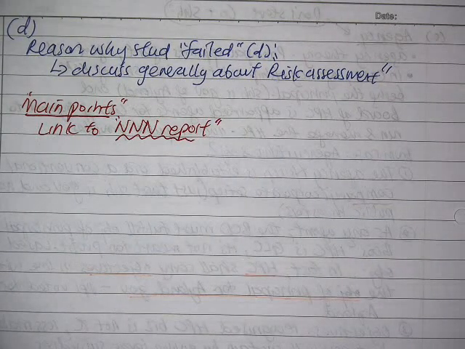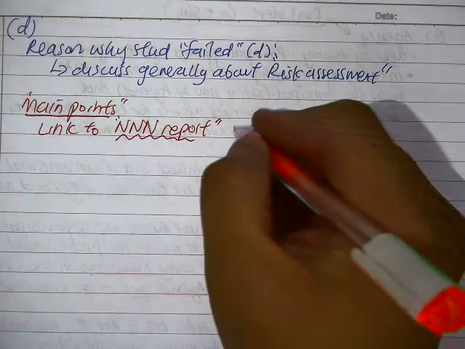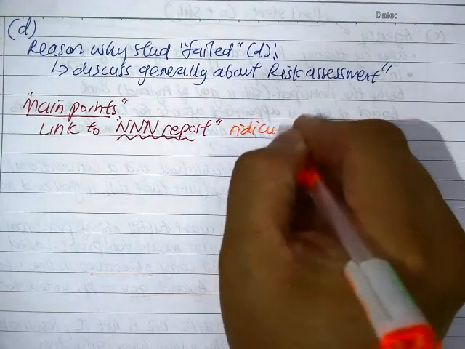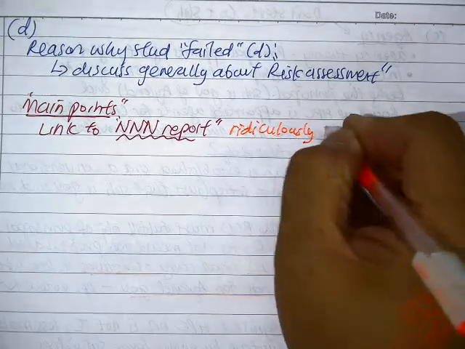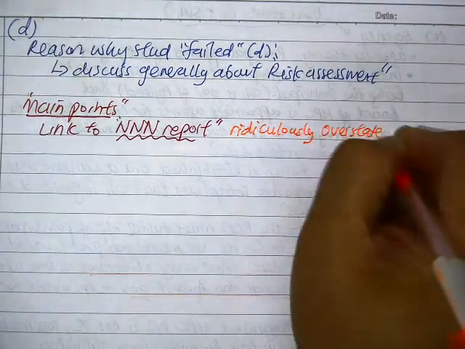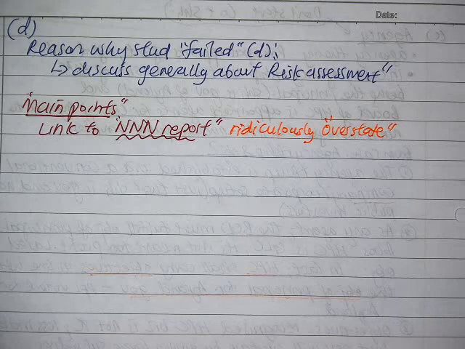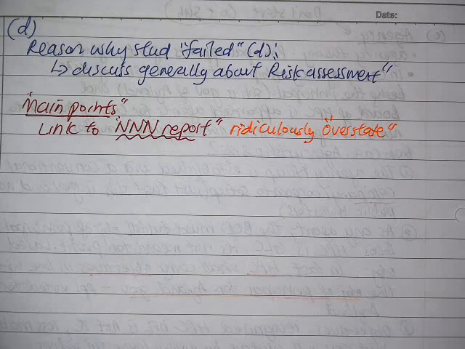Now, what is the N report? Now, N report is they have ridiculously overstate. That is what you guys are saying. Okay, that they have ridiculously overstate the impact, the probability.